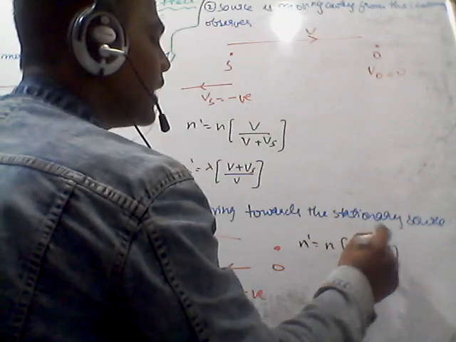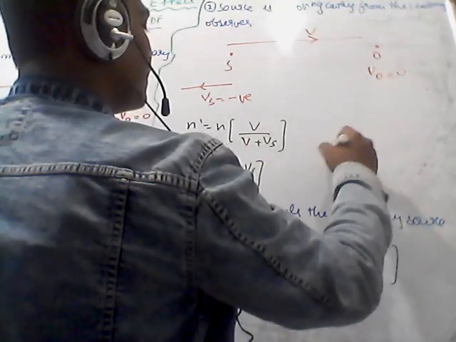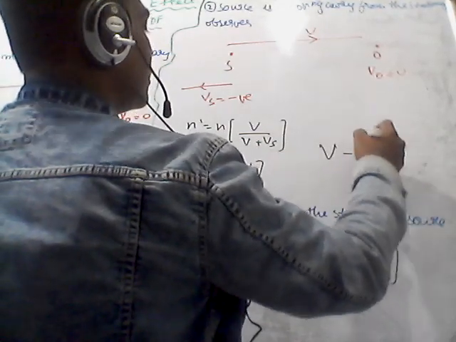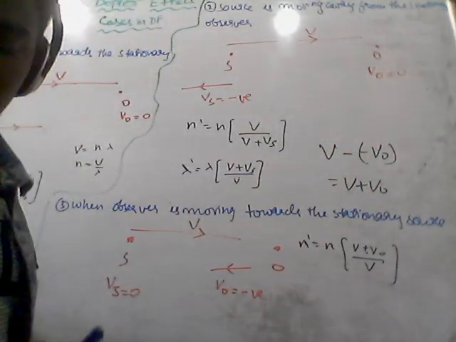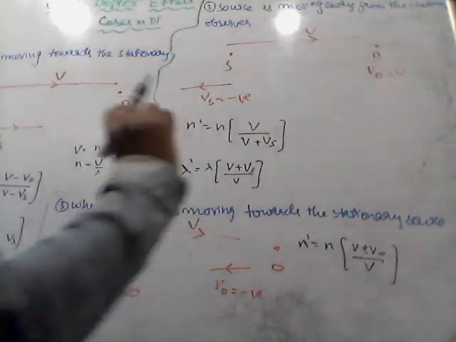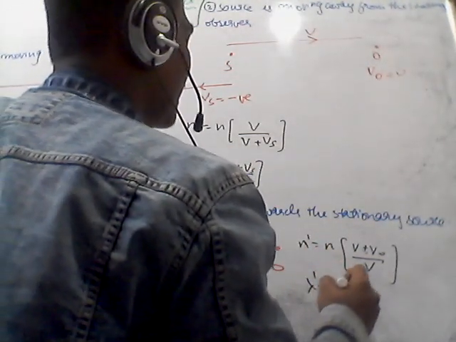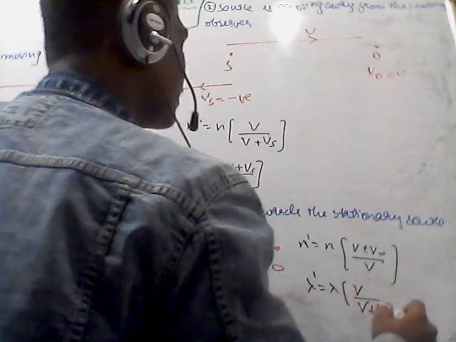So minus of minus VO will turn into plus. I hope you understood this. It's nothing but V minus of minus VO. Minus into minus will give plus, V plus VO. The same thing I have written here. Nothing else. This is the frequency. Coming to the wavelength, lambda dash is equals to lambda into v by v plus v naught.